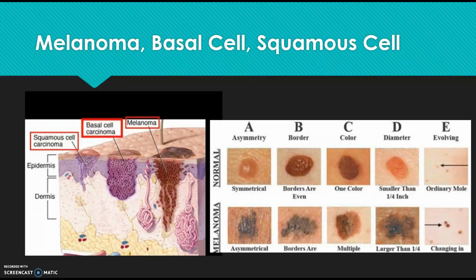It grows slowly, but it can damage the tissue around it. But as I said, doesn't really spread anywhere else. So again, it's exposure to sunlight, ultraviolet light. Usually treated surgically.